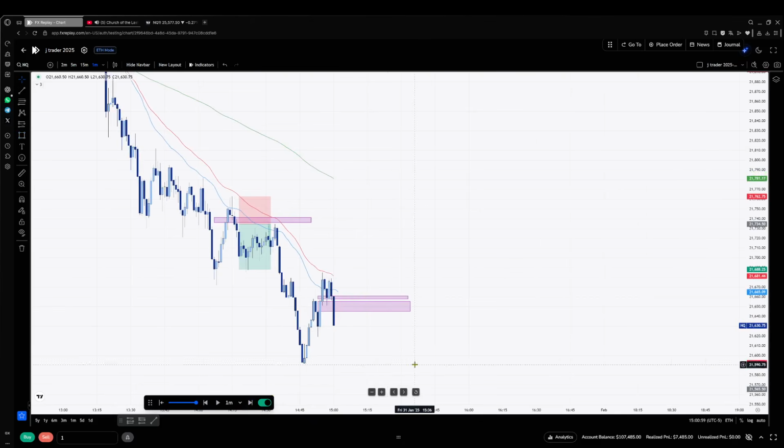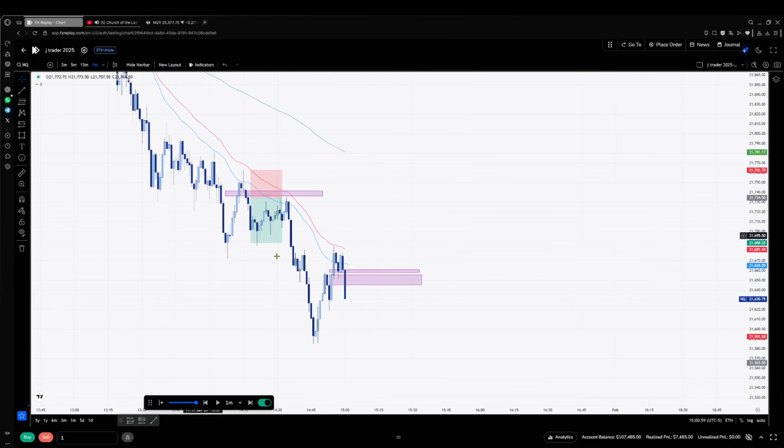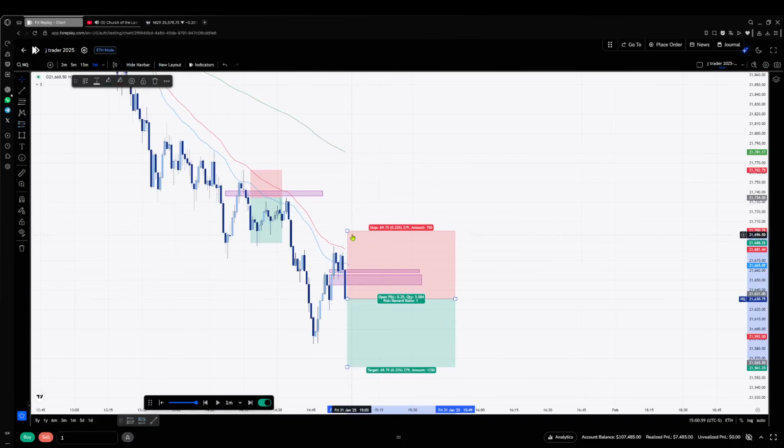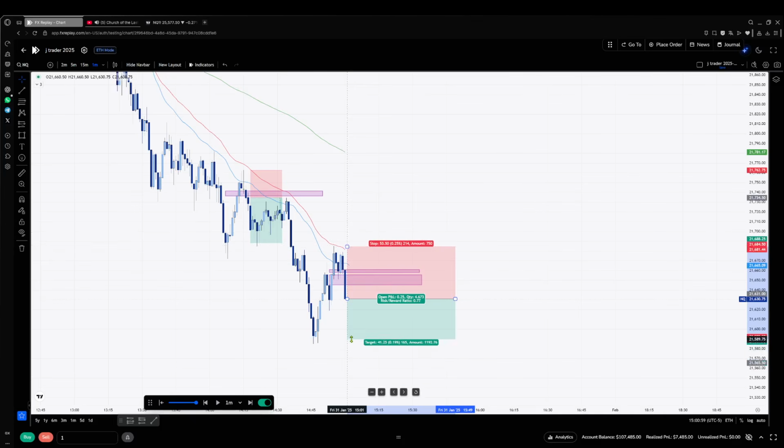Boom, here it's a confirmation as well. You could take this trade as well. If you take the trade here, it's a 0.73R, but in this case maybe you can do it like this, or maybe even like this, and just go for a 2R.